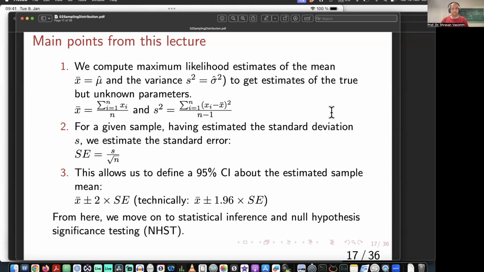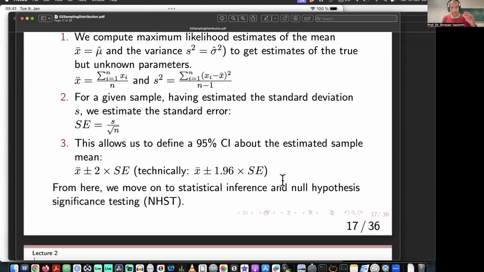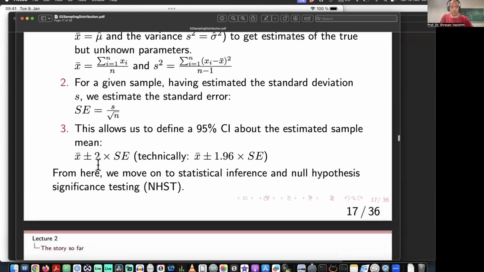Once we have these two pieces of information, we can describe the 95% confidence interval around the sample mean. That interval would be X bar plus minus 2 times the standard error. Well, technically 1.9 times the standard error. But as I just said, I will always use plus minus 2.